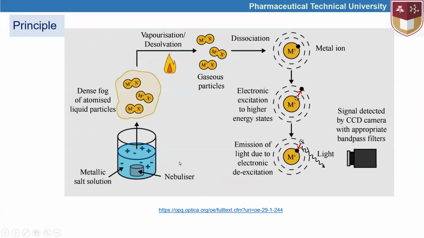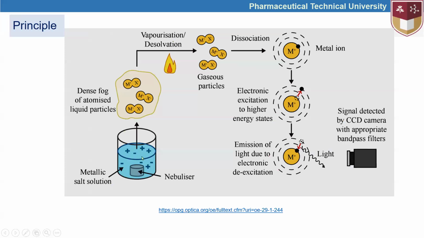Okay, next. Here we can see how the atoms are excited and studied. For example, if we have metallic and salt solutions like sodium chloride, magnesium chloride, or calcium fluoride, a dense fog of atomized liquid particles is obtained.